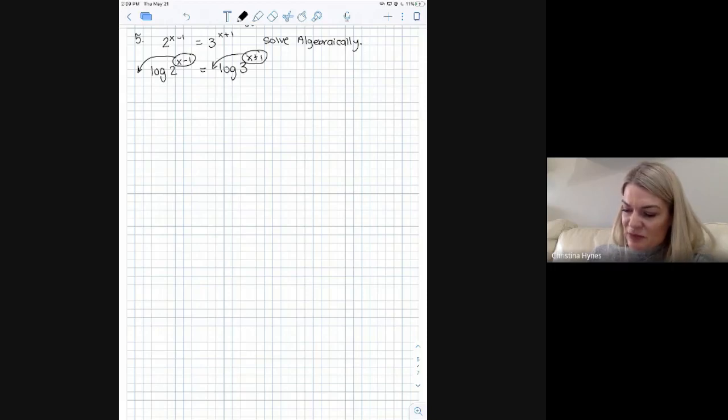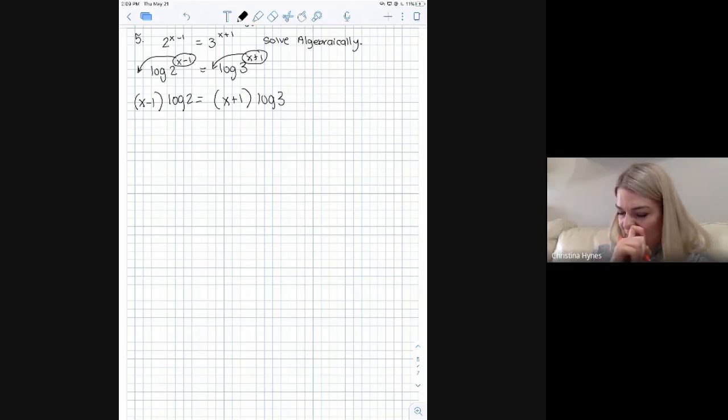So I'm going to put them in brackets. X minus 1, which was the power, now becomes a coefficient, so it goes in front of log 2. And the same thing on the right side: in brackets, x plus 1, close your bracket, goes in front of log 3. So power goes down to the front. Next step, you're going to distribute this log 2 into the brackets to both terms. Same thing here, log 3 goes to the x, goes to the positive 1.